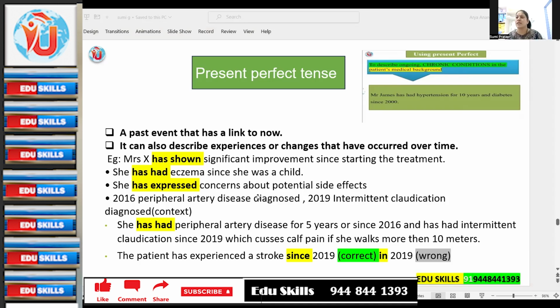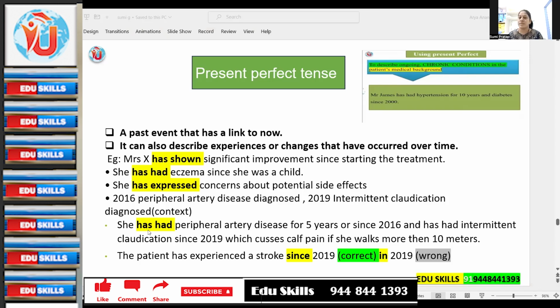Then the example below is given. What is the context that they are giving in the letter? 2016 peripheral artery disease diagnosed, and 2019 intermittent claudication diagnosed. This is what they will give in the question paper. This is the context. How will we write the examples below?